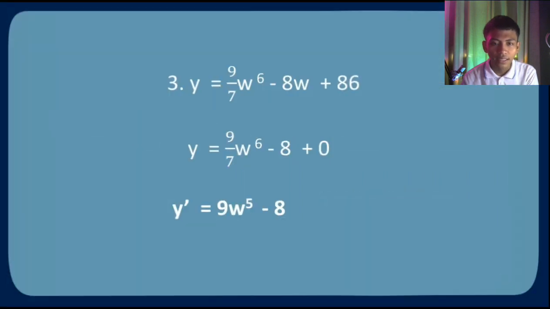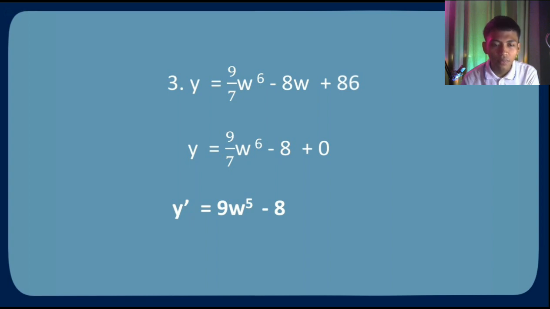Example number 3. y is equal to 9 over 7 y raised to 6 minus 8w plus 86. Again, we have to copy what is on top, which is 9, and then the w to the 6.